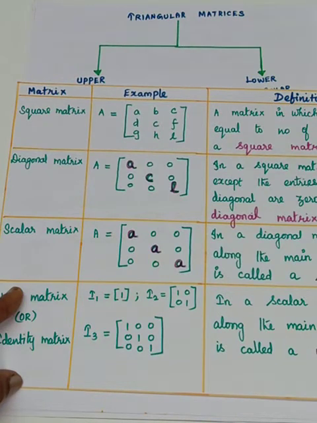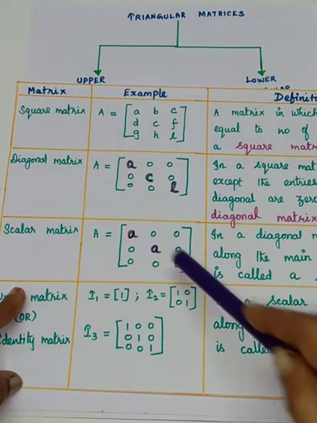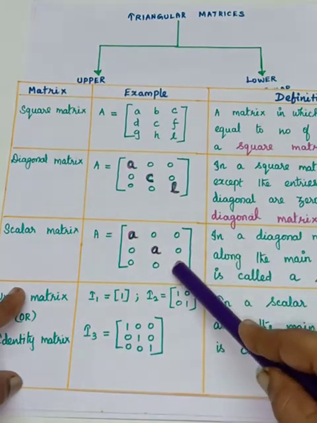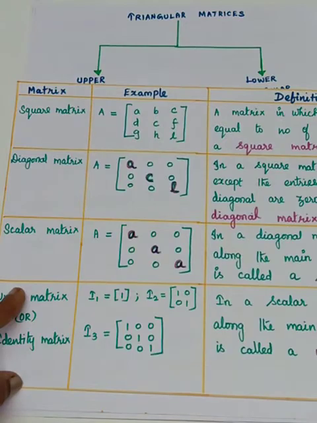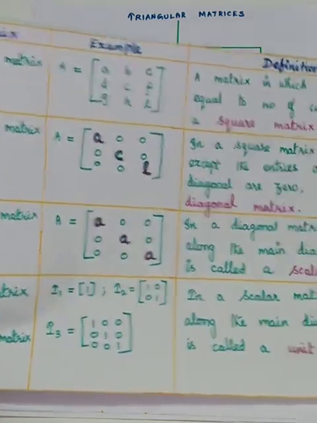But scalar matrix, how it should be? It should be in the diagonal matrix. So diagonal matrix means what? All the entries except the main diagonal are 0. So if the main diagonal elements are all the same in a diagonal matrix, that diagonal matrix is called a scalar matrix.